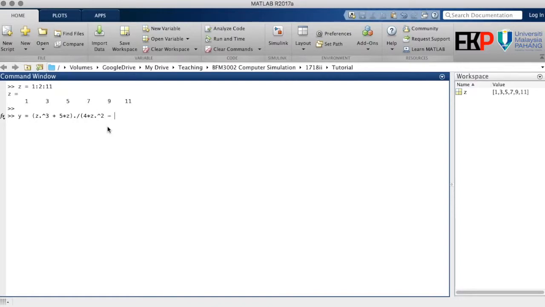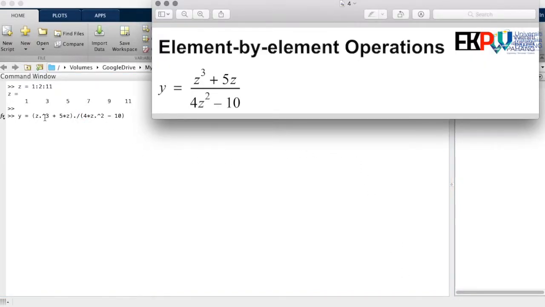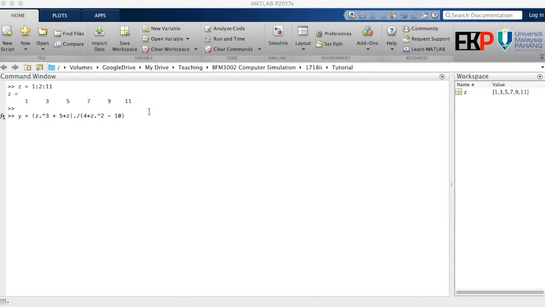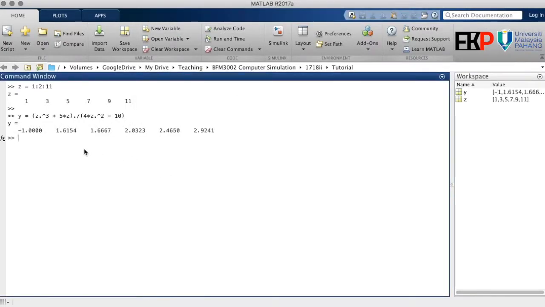And now to the power of 2, we need to use the element by element operation again. So z dot power of 3 plus 5 times z dot divide 4 times z dot power of 2 minus 10. That should be the equation for y. When we press enter, we will get the value of y for every value of z.